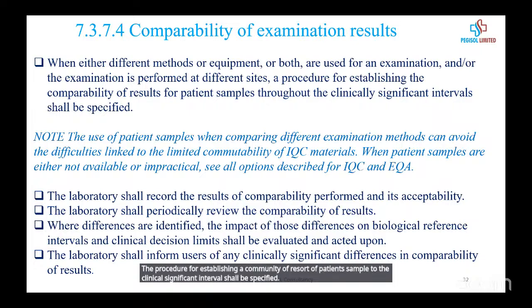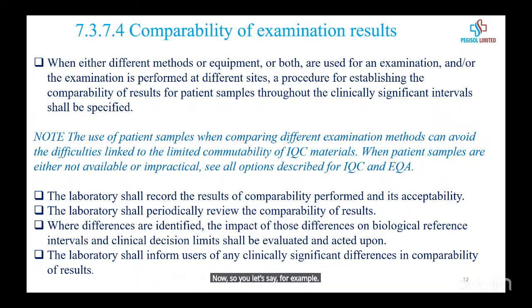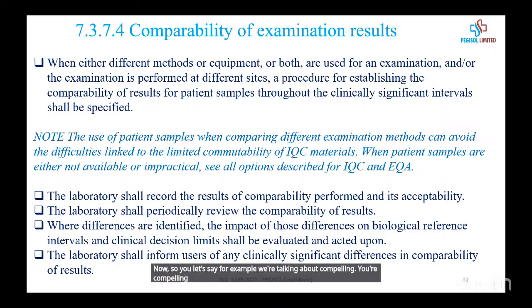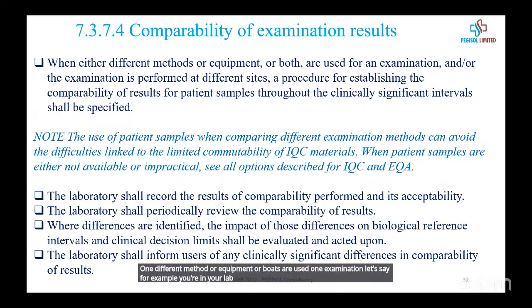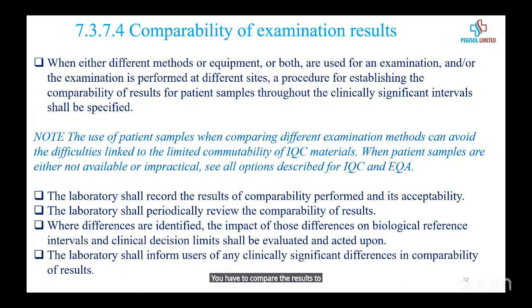Let's say, for example, you are in your lab using a standard method or one equipment, and you're using another equipment in the other lab. You have to compare the results to see if there are significant differences.